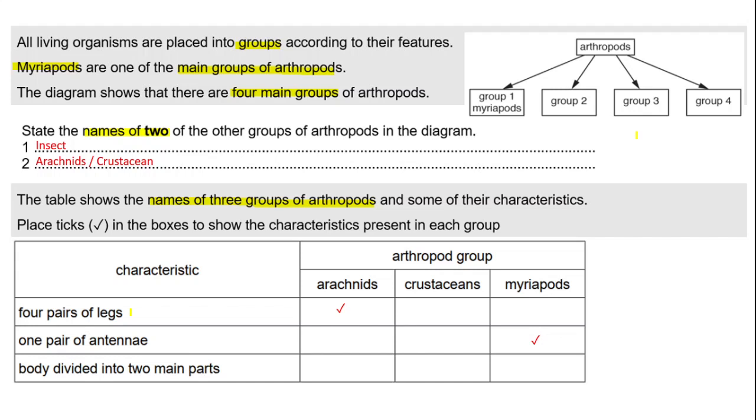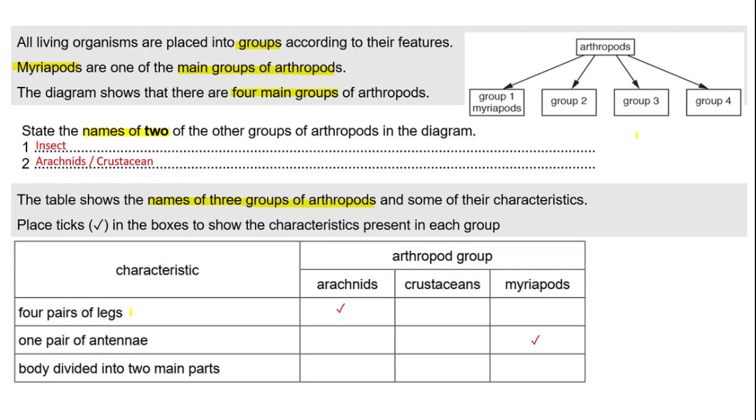You can see the characteristics in your textbook also, my dear. It's very important. Page number 12 of the IGCSE biology textbook, table 1.1. You need to go through it. You can find here that 1 pair of antennae is found in myriapod and insect.